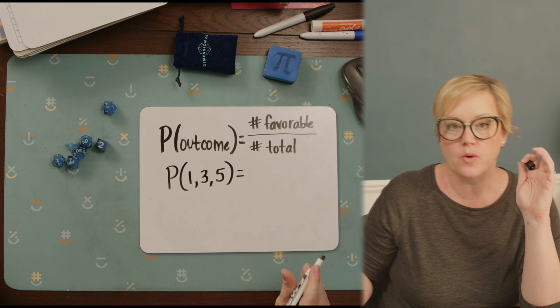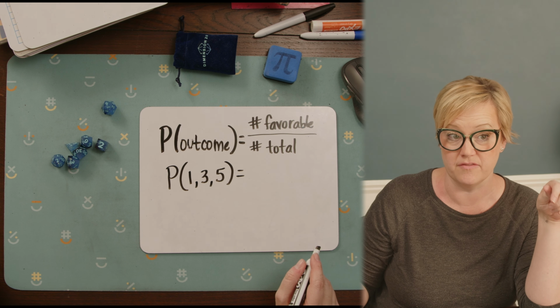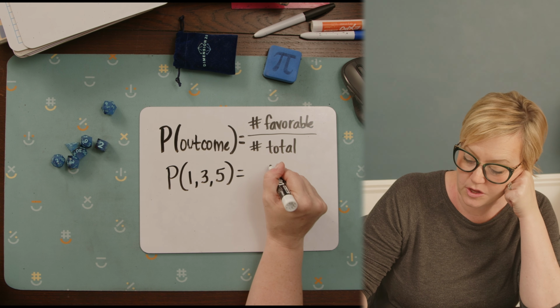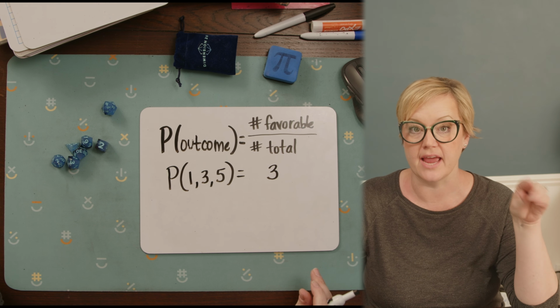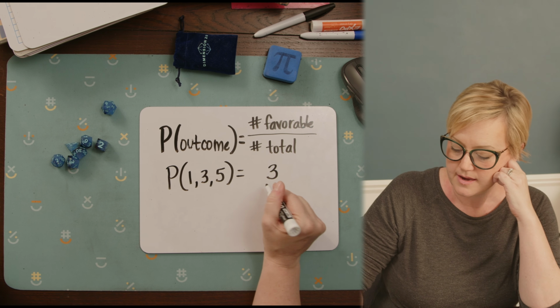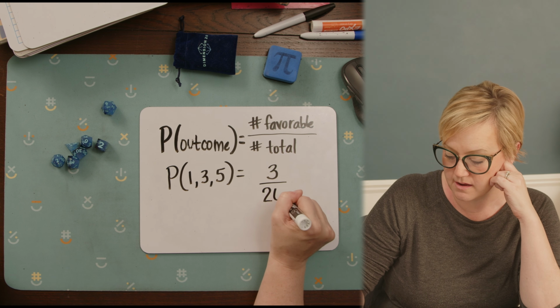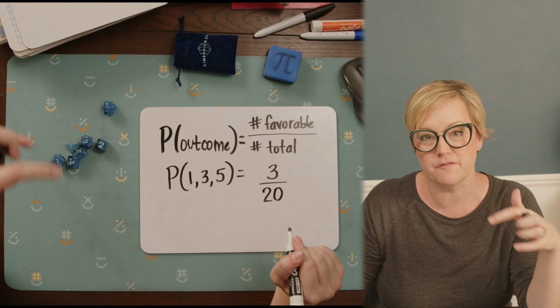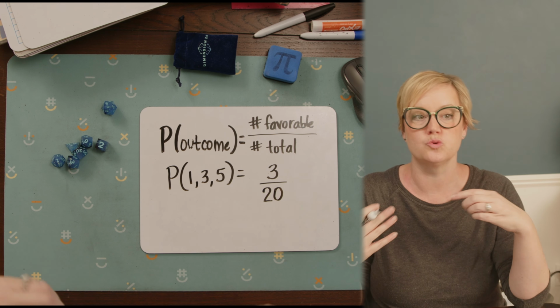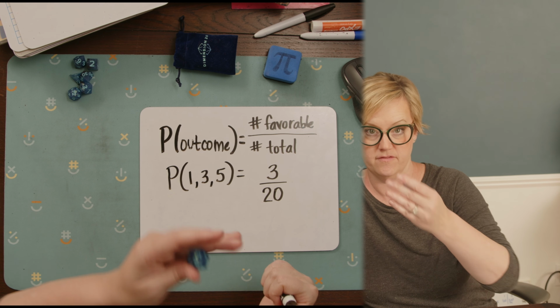How many different ways could we roll a 1, 3, or a 5? There are 3 different ways: I could roll a 1, I could roll a 3, I could roll a 5. Now, my number of total outcomes would be 20, because there are 20 different outcomes that I could have, okay?